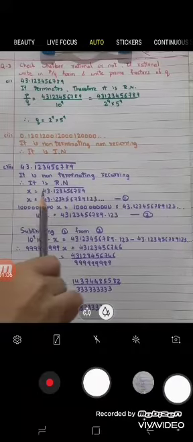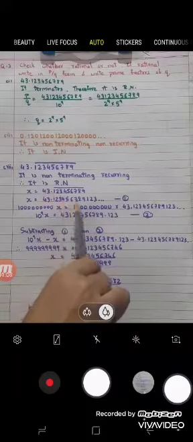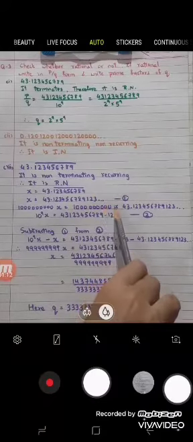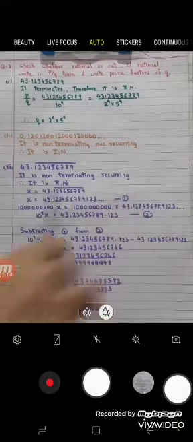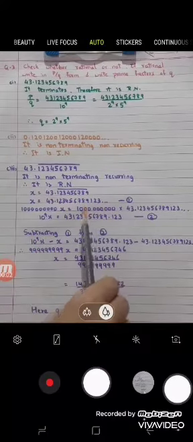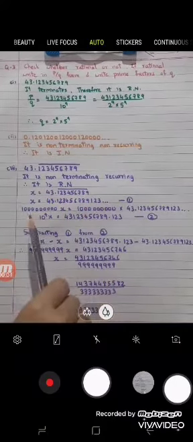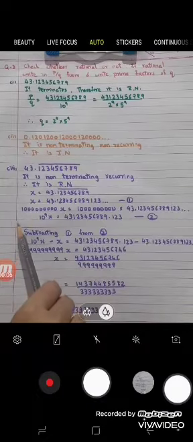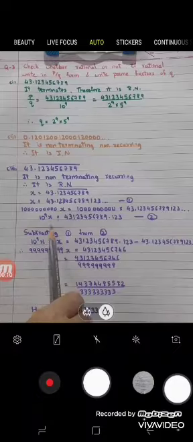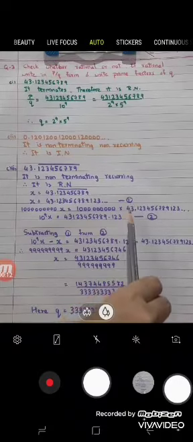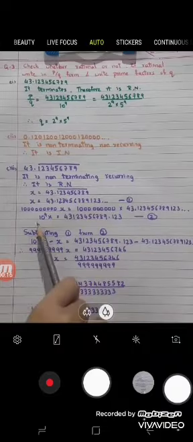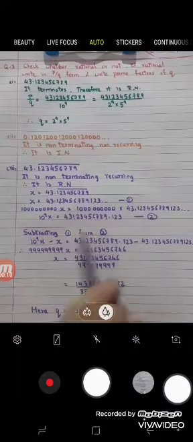Now x equals 43.123456789. Again it will be repeated, 1, 2, 3. So you write dot dot dot and give it number 1. The bar sign is there above 9 digits. That means we have to multiply by 10 raised to 9 on the left side as well as the right side. So this will become 10 raised to 9 x, and here the decimal point will go to the right side by 9 digits. So 10 raised to 9 x equals this number.